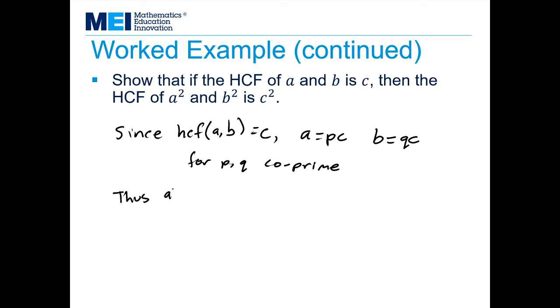Thus A squared is going to be P squared times C squared, and B squared is going to be Q squared times C squared.